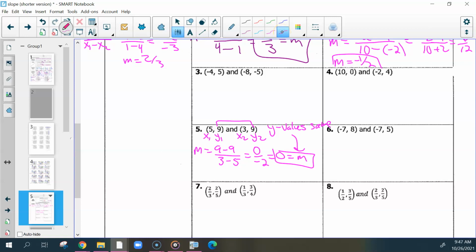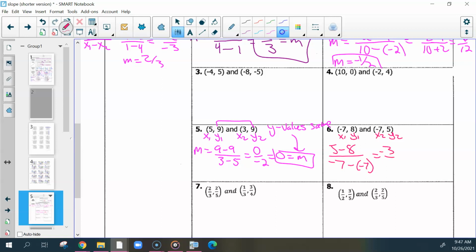Okay, number 6, same thing. This would be 5 minus 8 over negative 7 minus a negative 7. 5 minus 8 would give you negative 3.